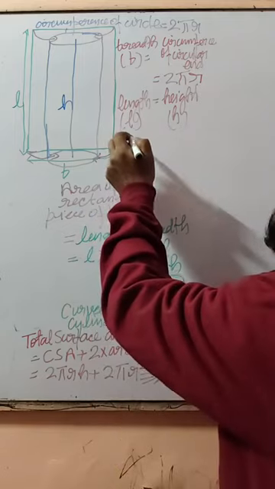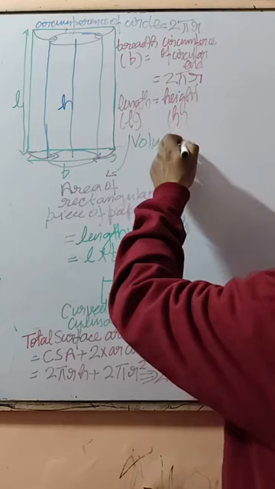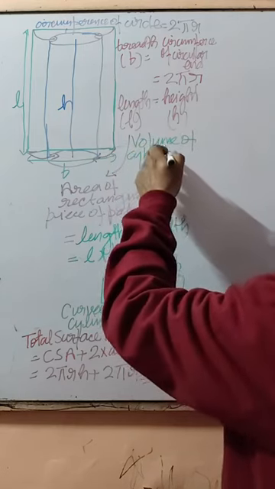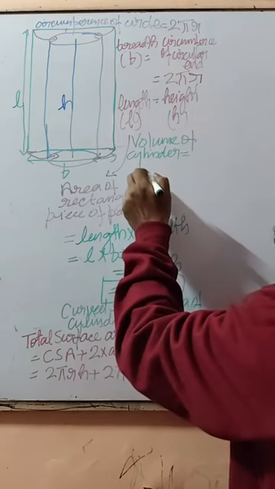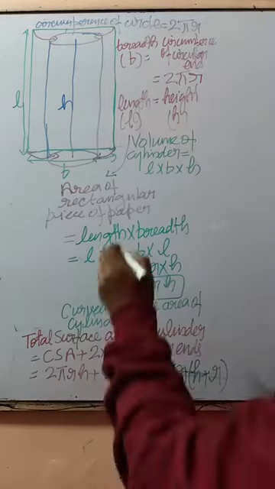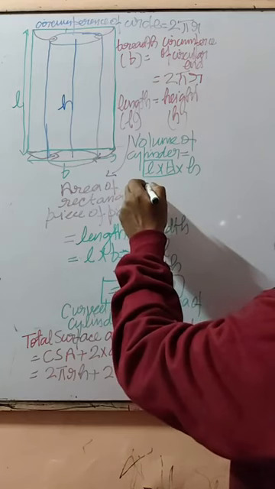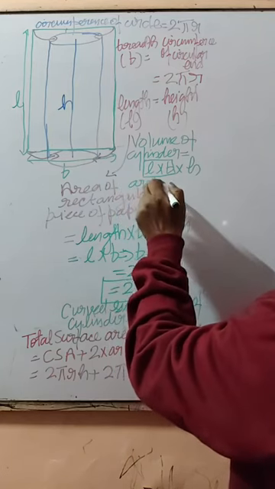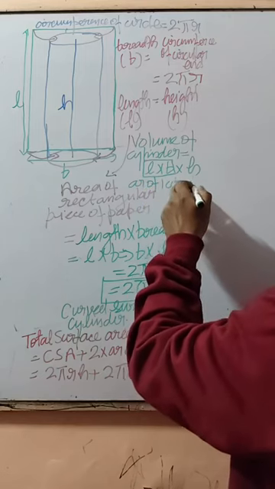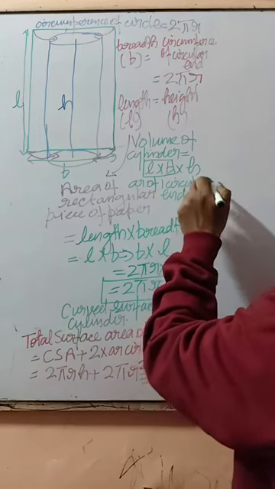Now volume of cylinder. Volume of cylinder is equal to L into B into H. What does L into B become? Area of circular end, one circular end, into height.